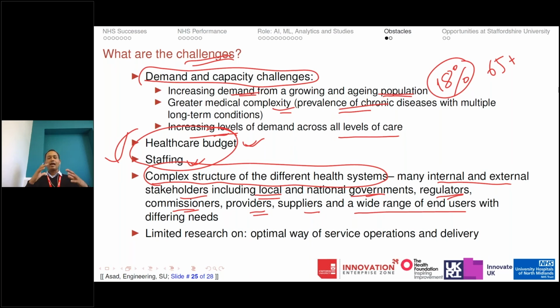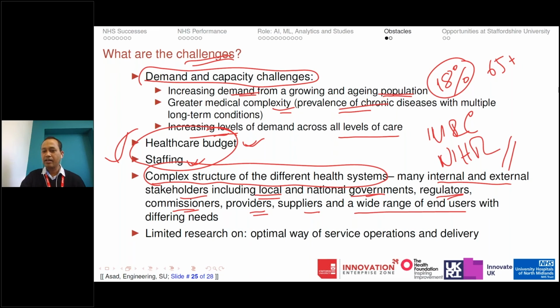Now, the government or the Department of Health are providing funds. If you look at the Medical Research Council, the National Institute for Health Research, and the Engineering and Physical Sciences Research Council, all of these are providing funding. But most of these funds are going for clinical research or other research.